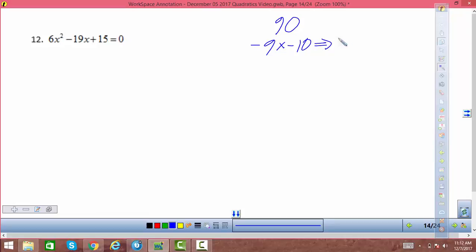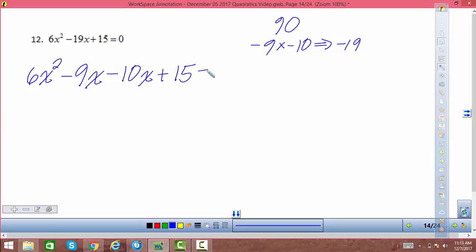So negative 9 plus negative 10, negative 19. So I'm going to rewrite as 6x squared minus 9x minus 10x plus 15, all equal to 0. Now the reason I put the negative 9 with the 6 is because both of these are evenly divisible by 3.